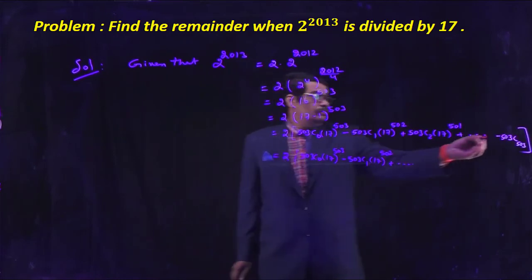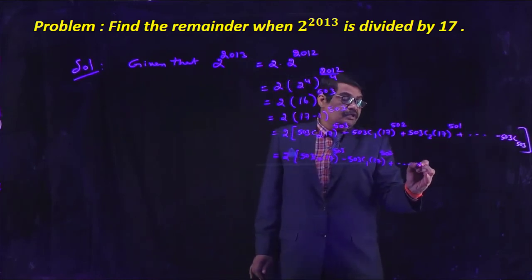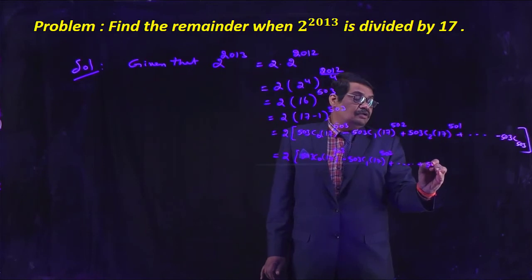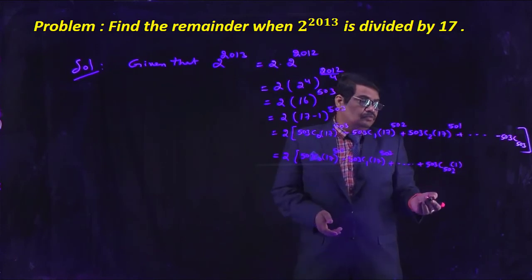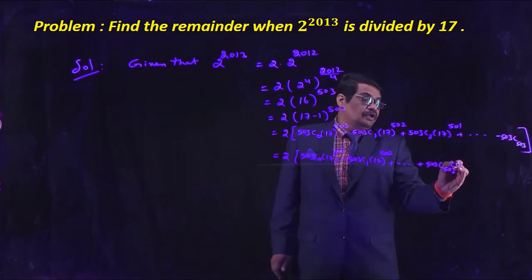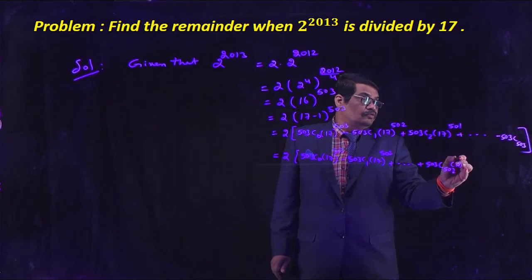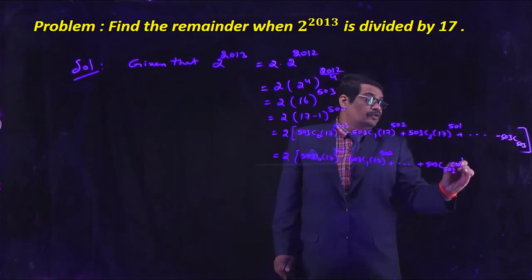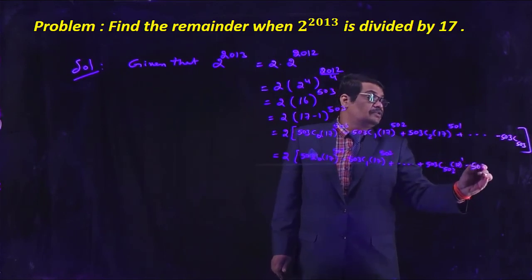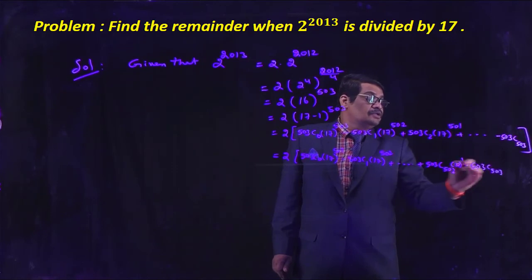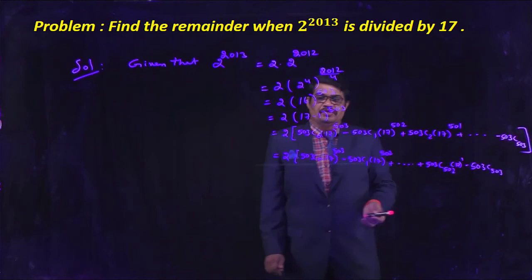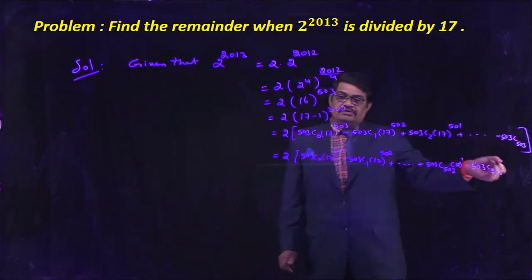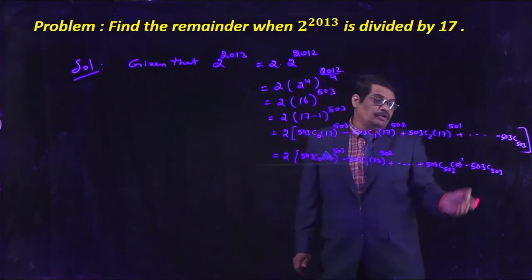Before the last term we have 503 c 502 into 17 to the power of 1, minus 503 c 503 into 17 to the power of 0 and 1 to the power of 503.